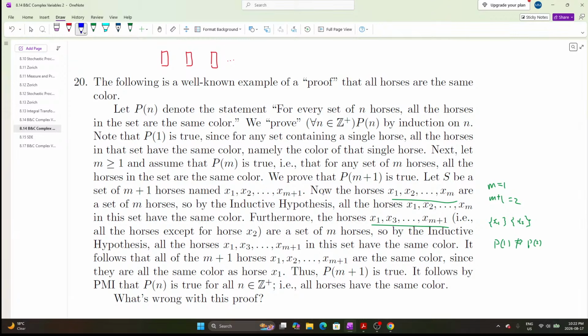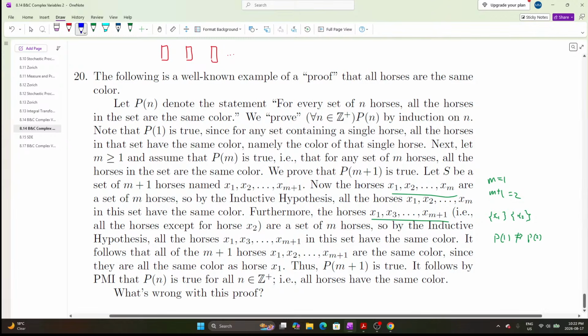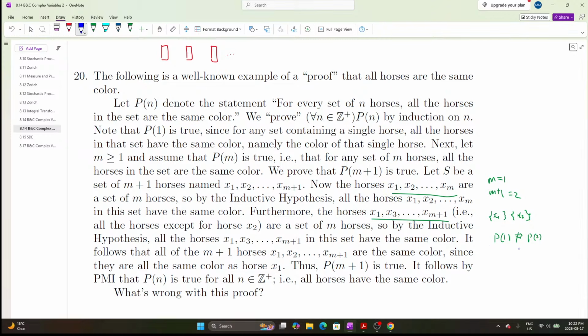And here, this is why. Actually, the discussion was this morning on this false proof. Basically, you can't go from P of 1 to P of 2. P of 1 says, for every set of 1 horse, all the horses in the set have the same color, which is trivially true, because in that case, you only have 1 horse.